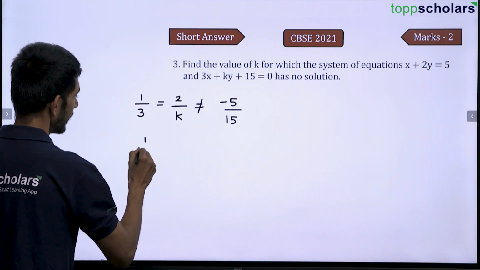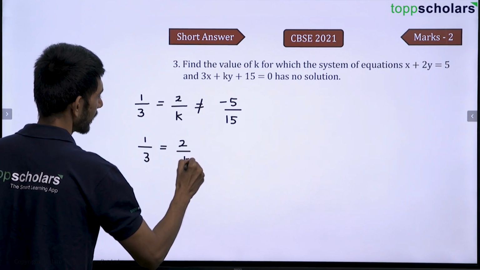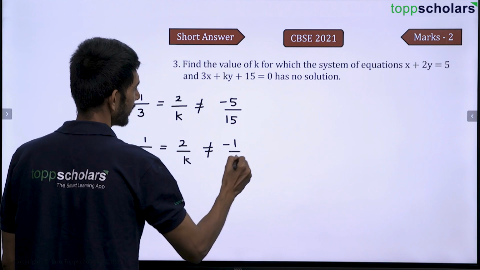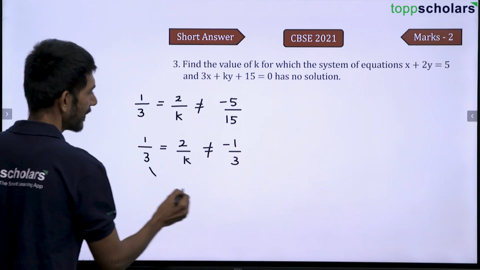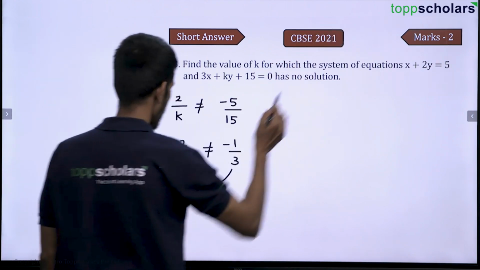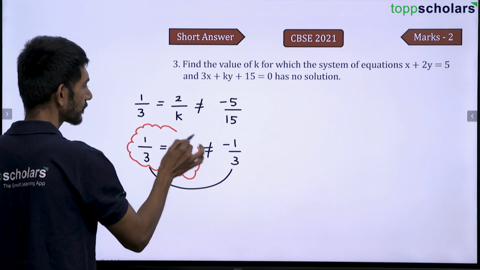So 1 by 3 should be equal to 2 by k, should not be equal to minus 1 by 3. Obviously, 1 by 3 and minus 1 by 3, they're anyways not equal. But if you see the first two ratios, they should be equal, right?